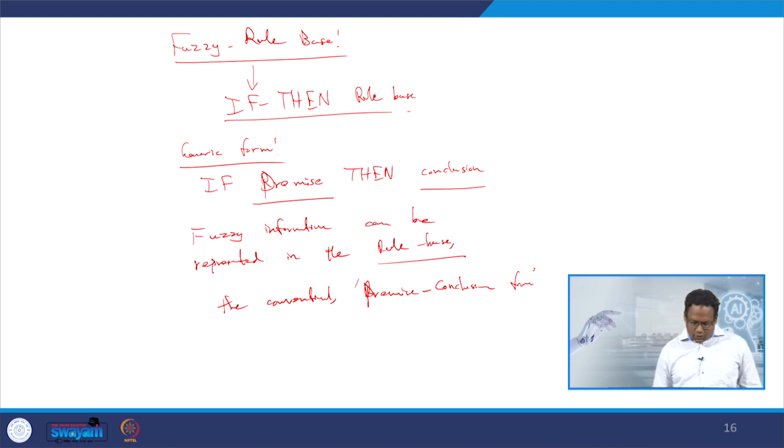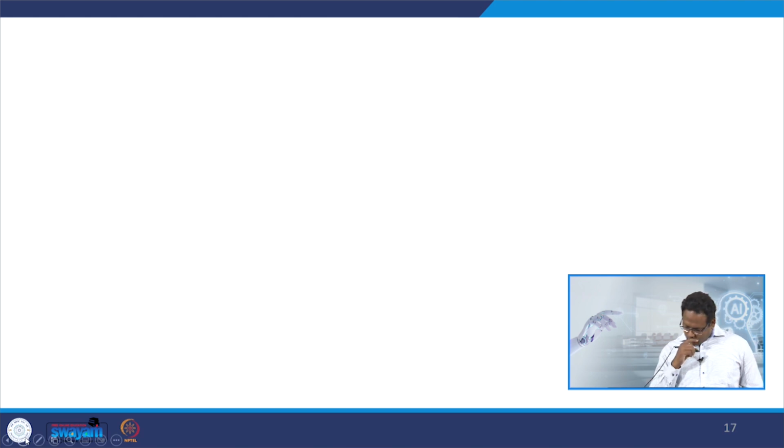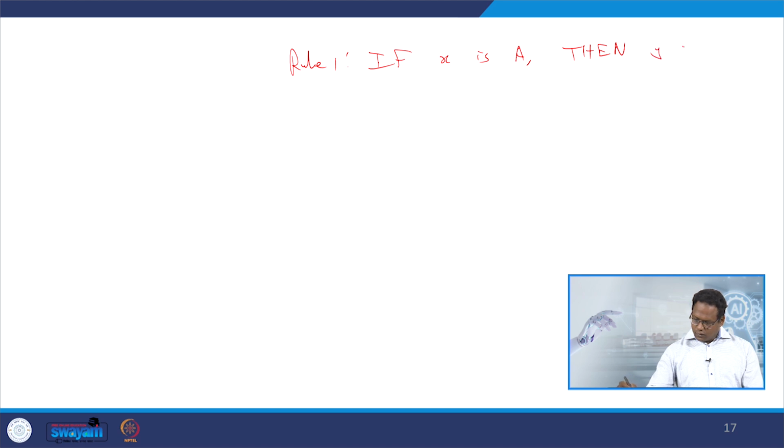Let us talk about a rule. Say rule 1, it is given by if x is A, then y is B, where A and B are representing fuzzy propositions or fuzzy sets.